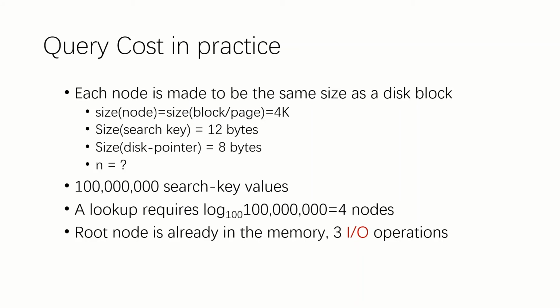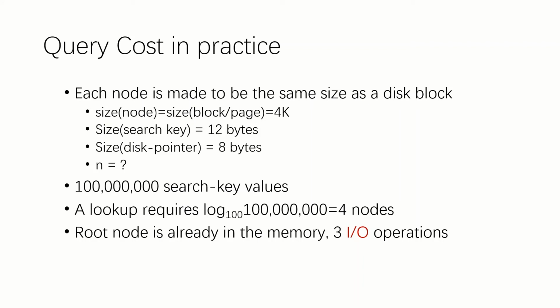If you recall from your data structures, the height of a binary tree is log n base 2, and if you have 3 branches, it will be log n base 3. So naturally, for this case, my initial thought was log n, which is 100 million, base 200.